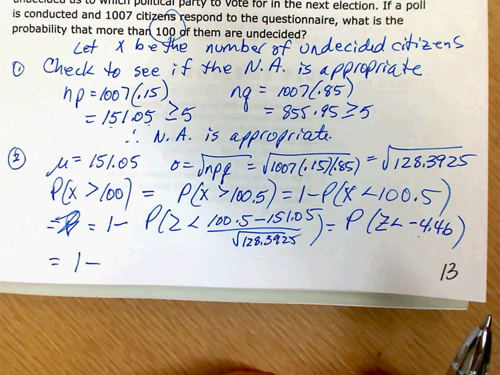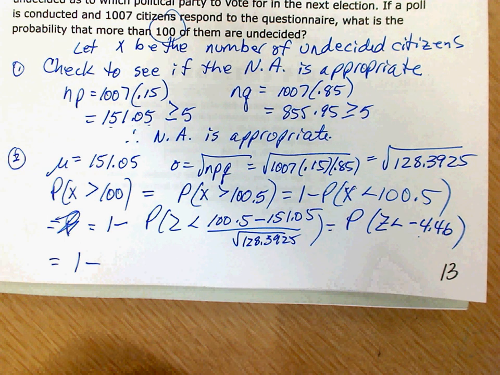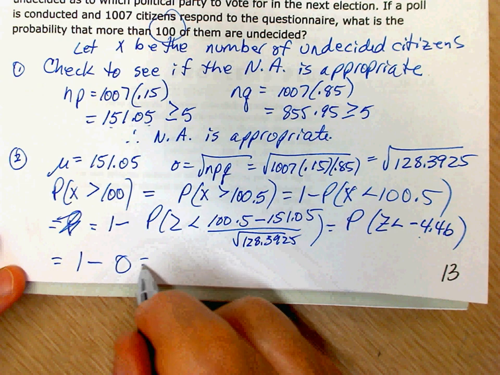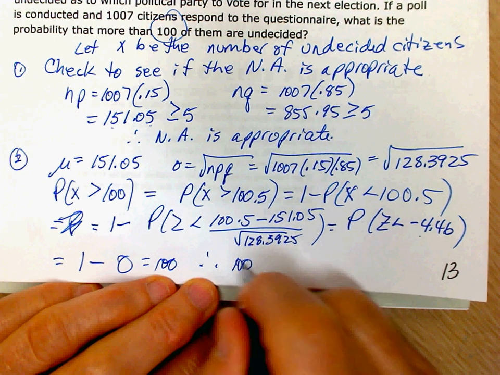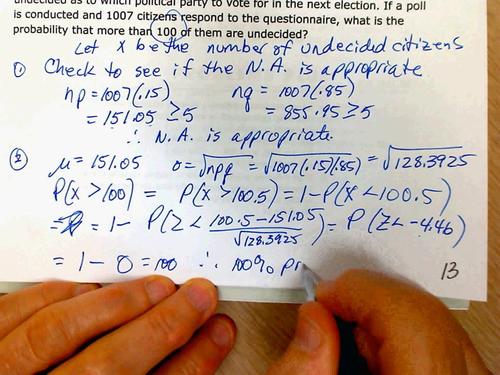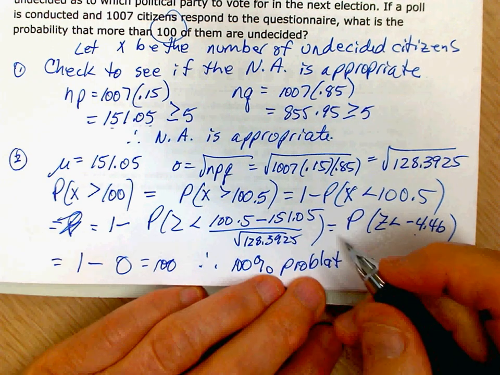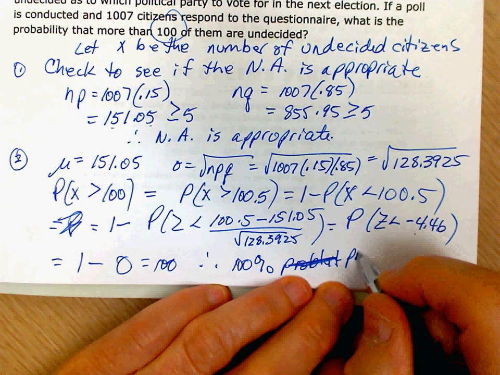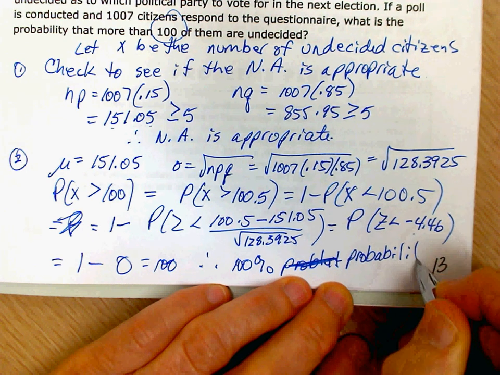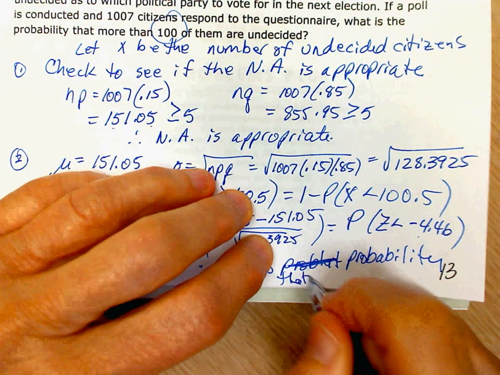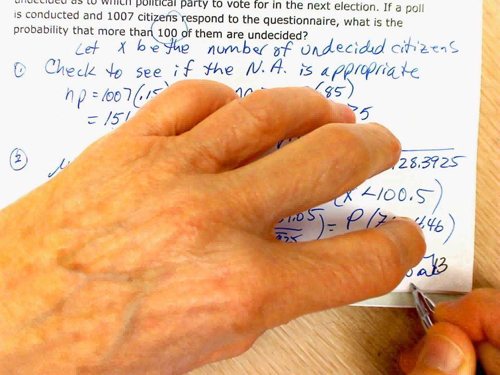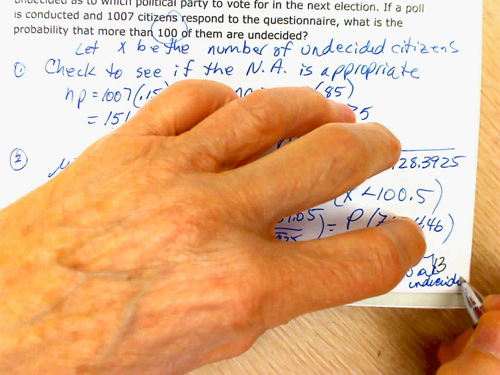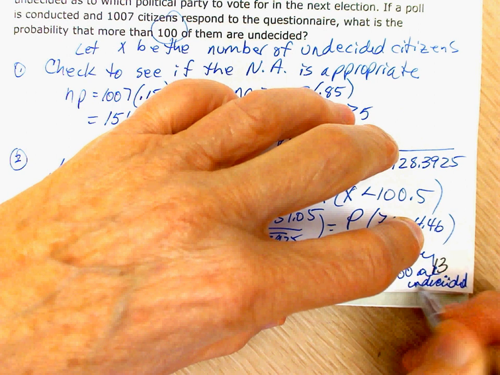Therefore, 100% probability that more than 100 are undecided.